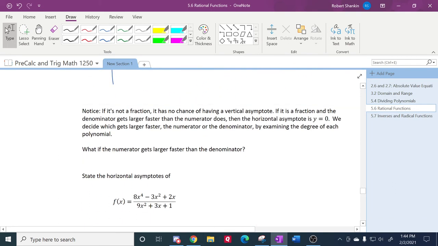If it's a fraction, and the denominator gets larger faster than the numerator does, so the bottom is getting bigger faster, then the horizontal asymptote is y equals 0. We decide which gets faster, the numerator or denominator, by examining the degree of the polynomial. It only matters what the degree of the polynomial is.